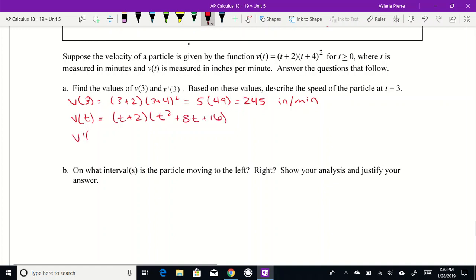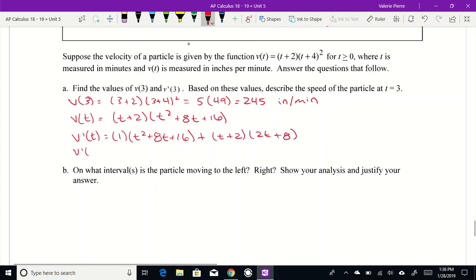So v prime of t is equal to, if I use product rule here, I'll get 1 times t squared plus 8t plus 16 plus t plus 2 times 2t plus 8.